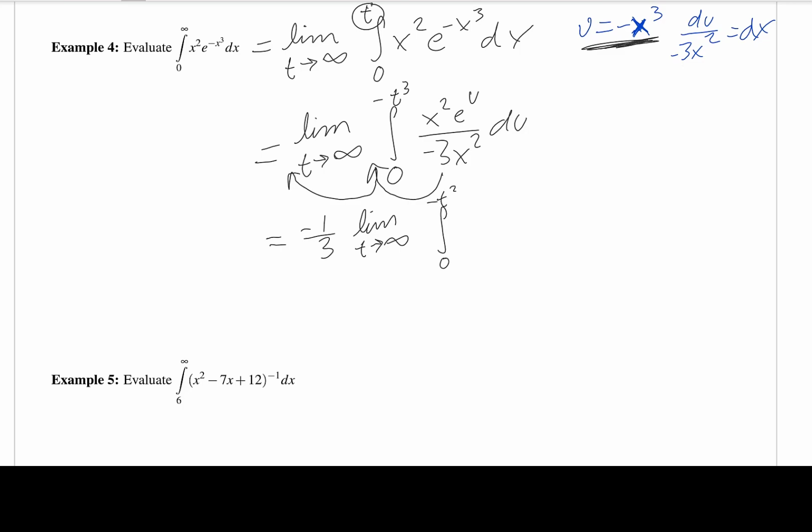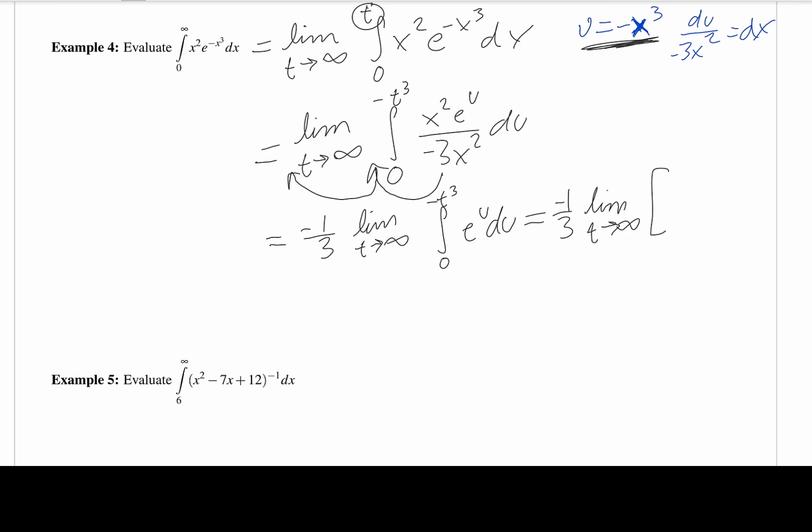so we'll keep this. Our limits of integration stay the same. We cancel out these x squareds and we're left with e to the u du. So this is negative 1/3 limit as t goes to infinity of, now I plug in for u.